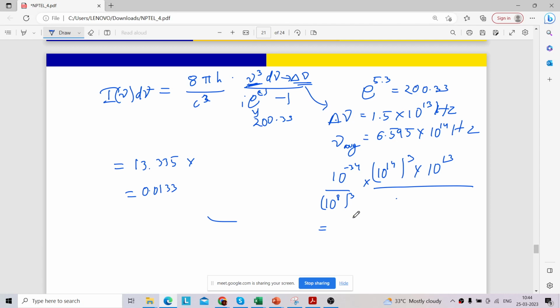So 10 to the power minus 54, 10 to the power 29. Now it's plus. Okay.